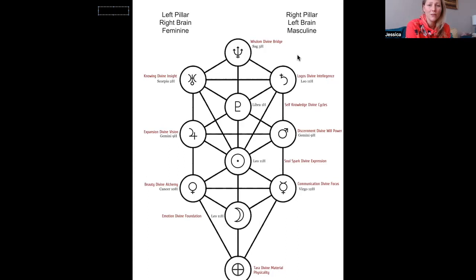I encourage everybody to use this model if they're feeling called to see where they're gaining their strength. You can reach me if you want to do a session with me. I would love to look at all the systems, the Mayan, the Gene Keys, the Human Design, the Western chart, and the system that I created here, to see what comes out.